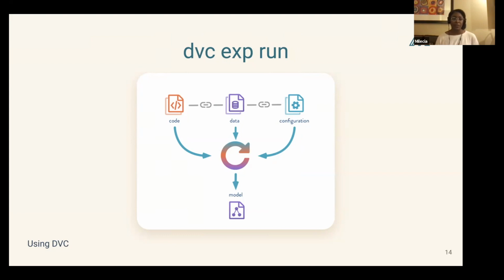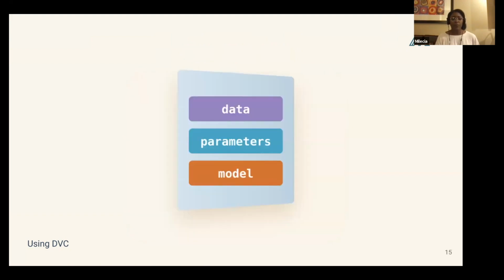You set it up in your project, you connect it to your Git repo, you connect it to any remote areas. Maybe you have your data on AWS, maybe you have it hosted in Azure, and you connect all of these things to DVC, kind of like you see in this picture, and it just tracks it for you. So what's happening after you run an experiment is exactly this.